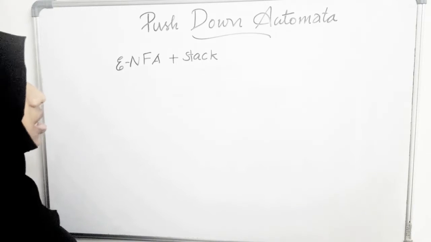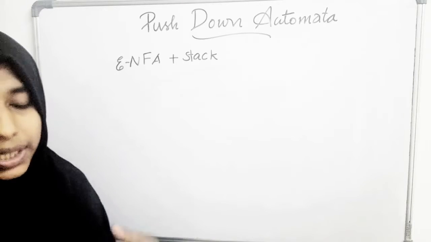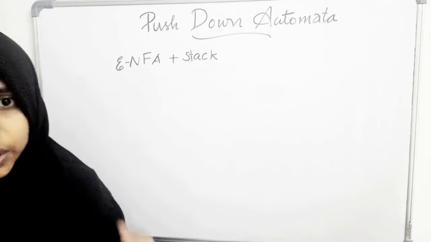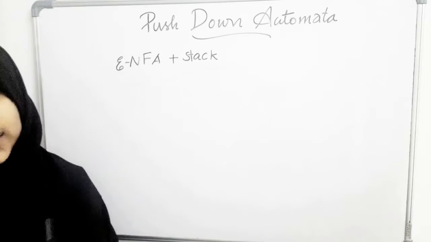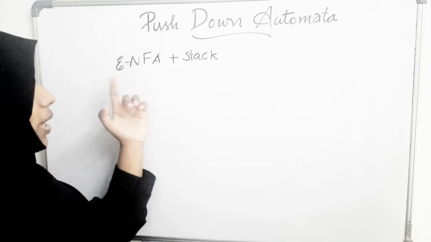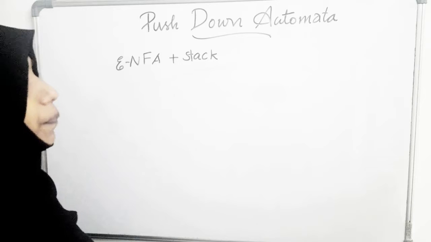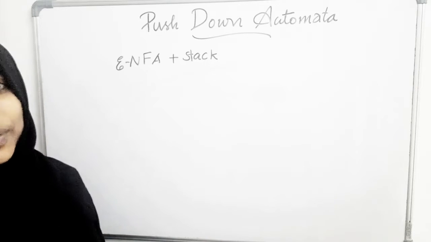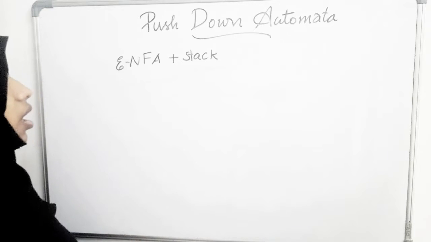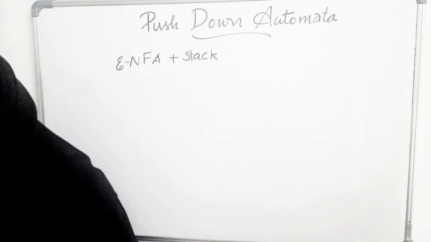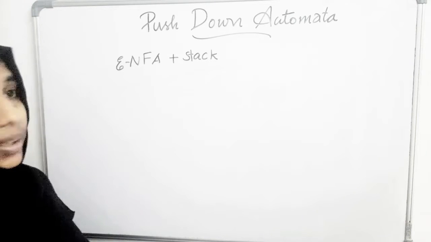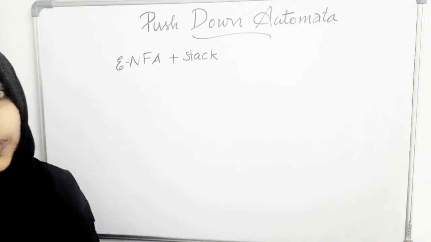That is, it is kind of an NFA because it can have non-determinism, it can have epsilon moves, and it is backed up by a stack. Just like finite automata, it is very easy to implement a pushdown automaton as well. We will see one example in this video, and we will dedicate another video just for more examples.